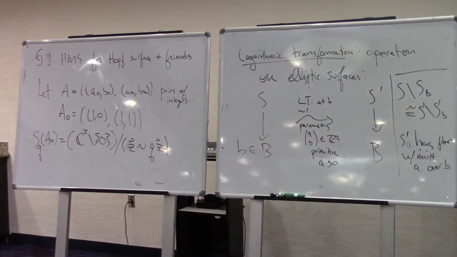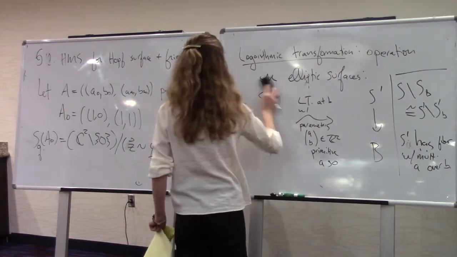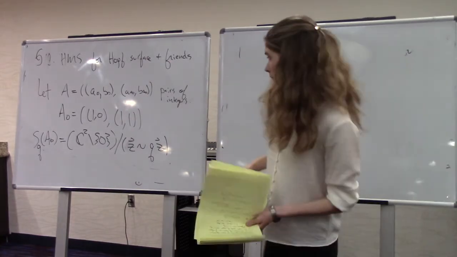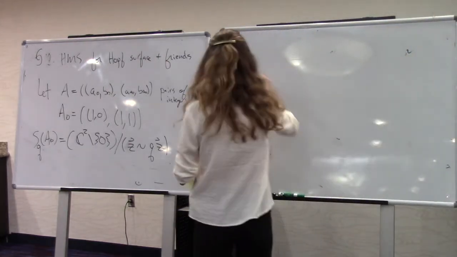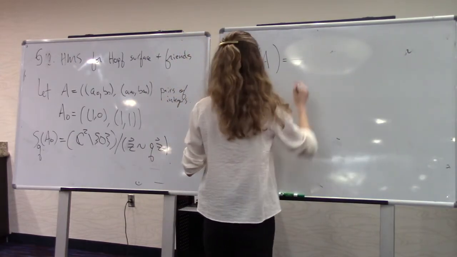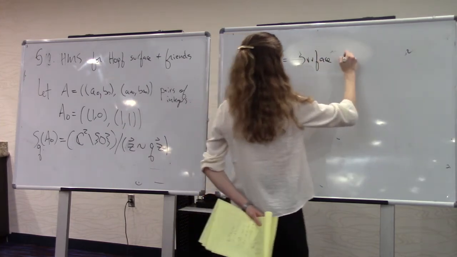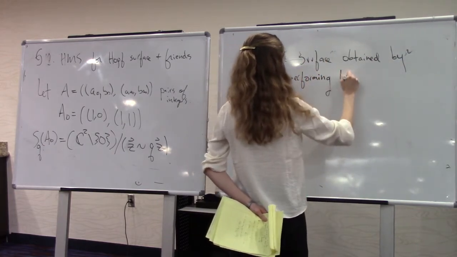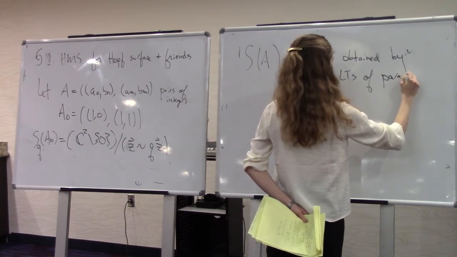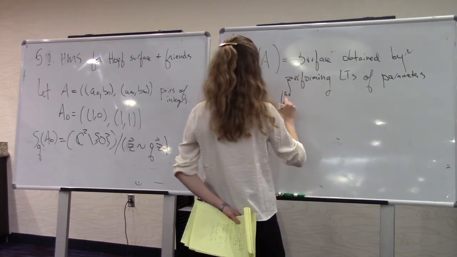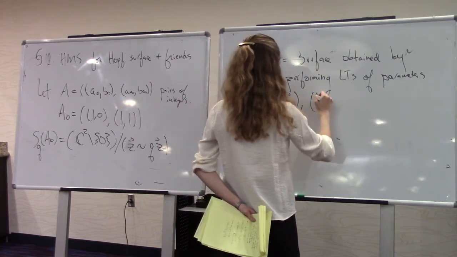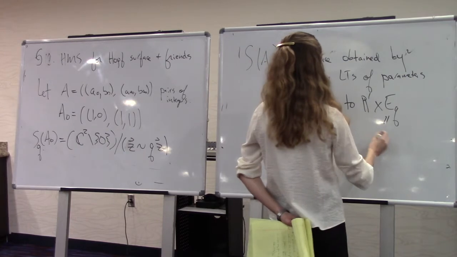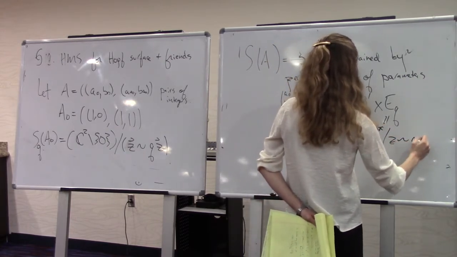But as you might have guessed, I have another description of this in terms of log transforms. So S of A is going to be the surface obtained by performing log transforms of parameters A naught, B naught, A infinity, B infinity, to P1 times E_Q. So E_Q is going to be the elliptic curve with modular parameter Q. So this is C star mod QZ.